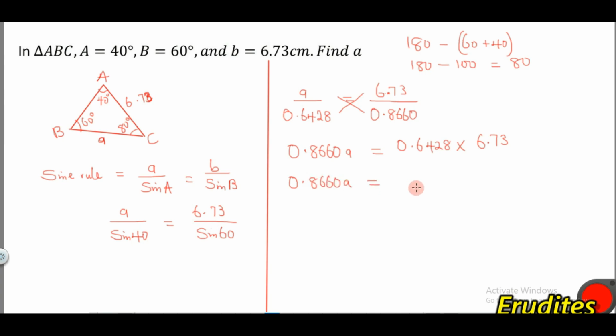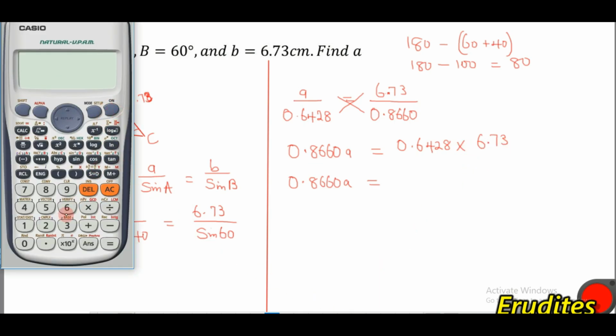I'll bring out my calculator and punch that. 0.6428 times 6.73 will be equal to 4.3260.